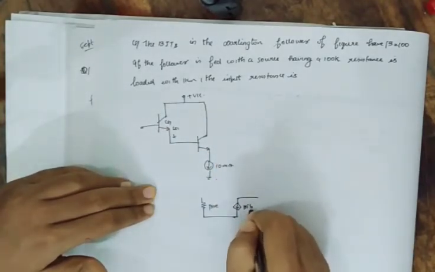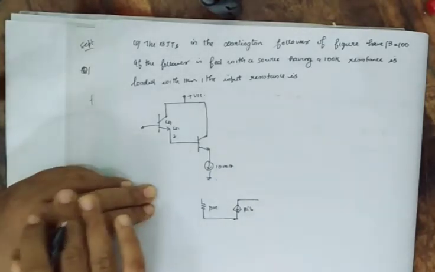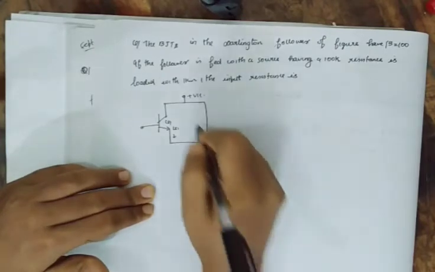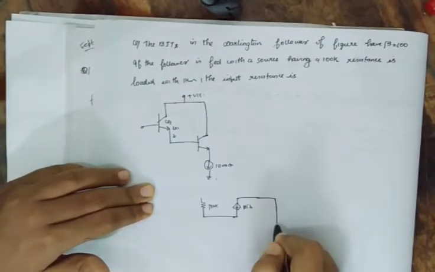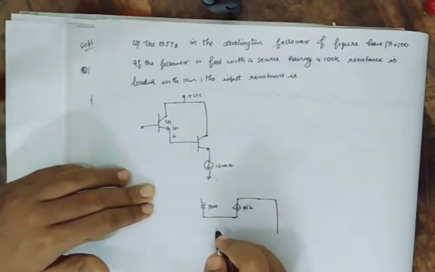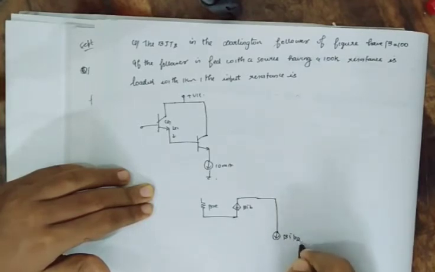This is beta IB. Then this collector is connected to the other one's collector, that will be having a beta IB2. So this is IB1 and this is IB2.